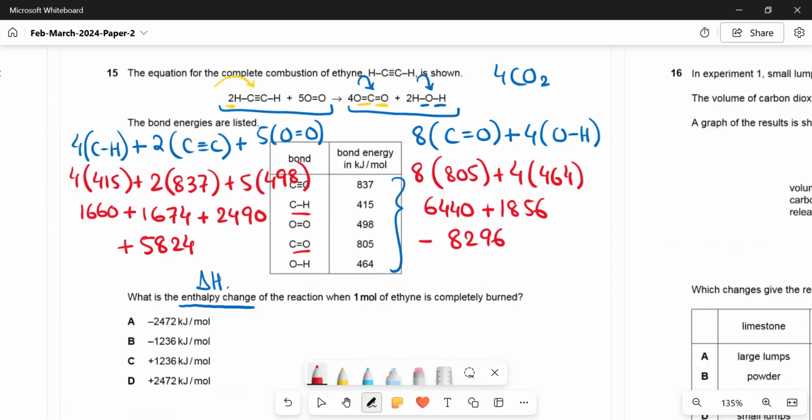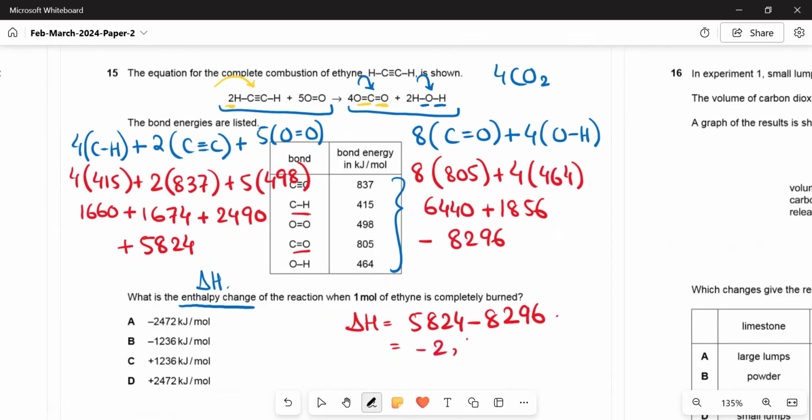We'll minus them because to find the delta H, we will do 5824 minus 8296, and the answer is minus 2,472. This is the enthalpy change.